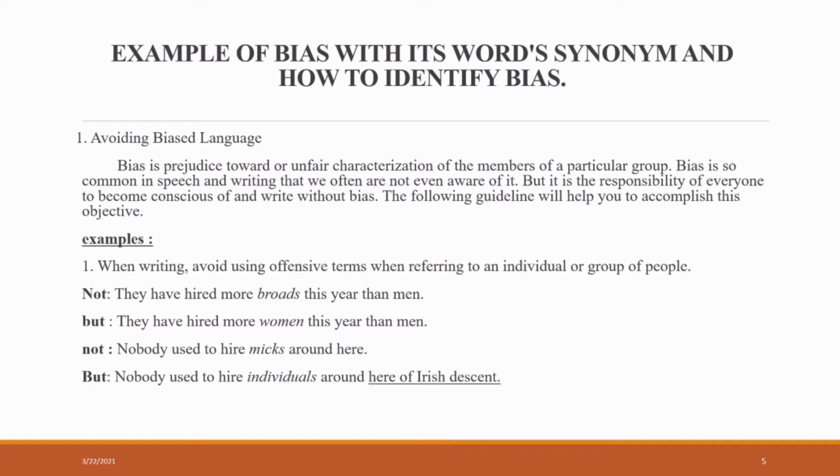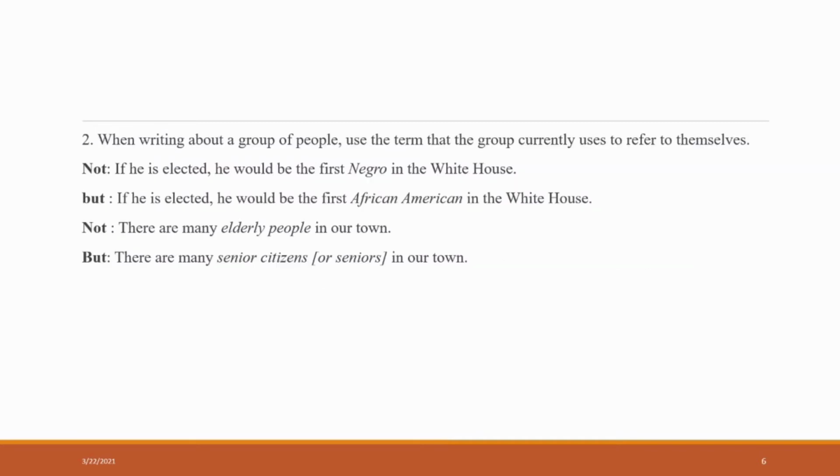Note: they have hired more women this year than men. Note: nobody used to hear individuals around here of Irish descent. Number 2. When writing about a group of people, use the term that the group currently uses to refer to themselves.